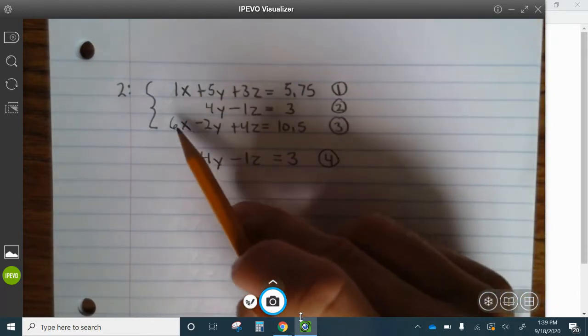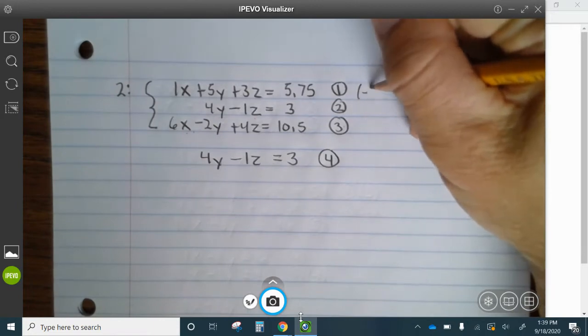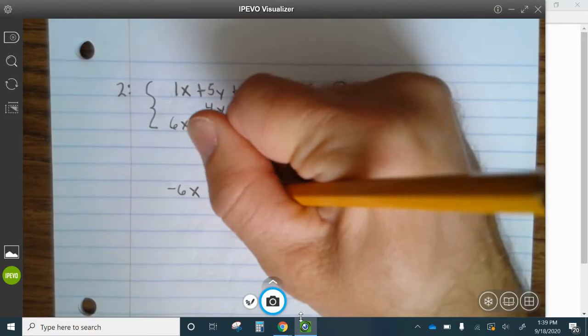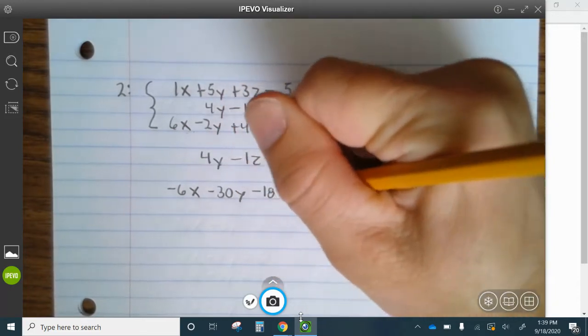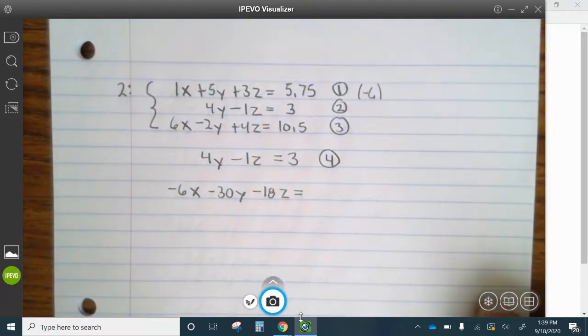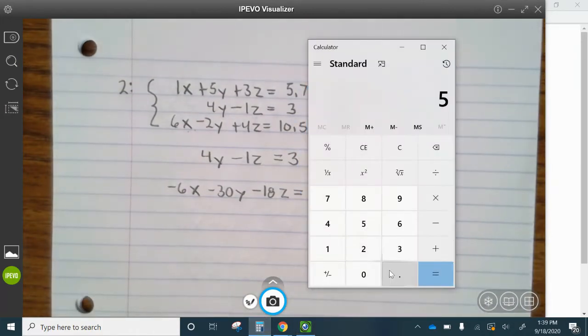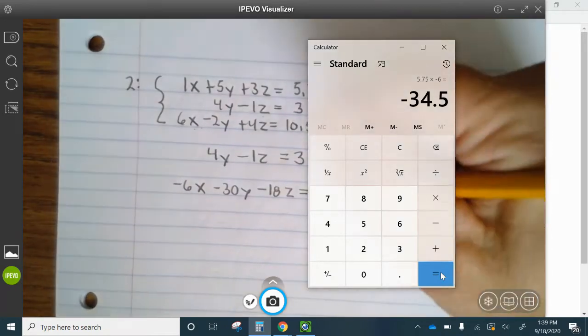That's -6x minus 30y minus 18z equals, I'm going to use a calculator on this, 5.75 times -6, which is a negative 34.5. And that's equation 1 multiplied by -6.